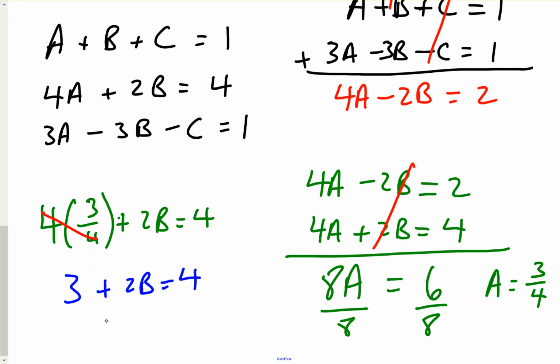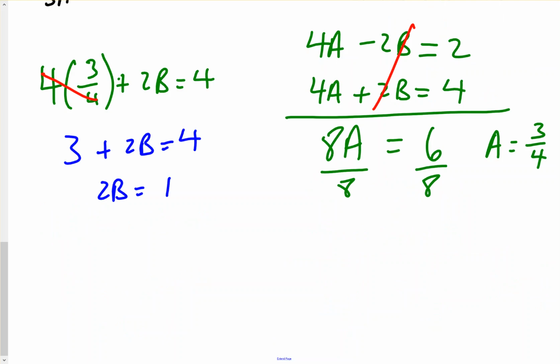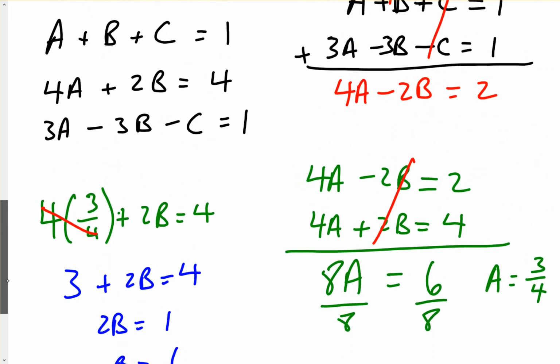Subtract the 3 from both sides, so we have 2b equals 1. And then divide by 2. So b equals 1/2. Okay, so far so good. So we have a is 3/4, b is 1/2, and now let's go back and figure out c.